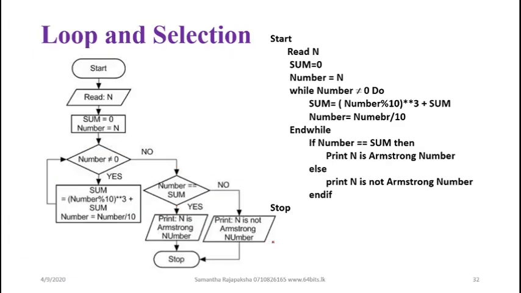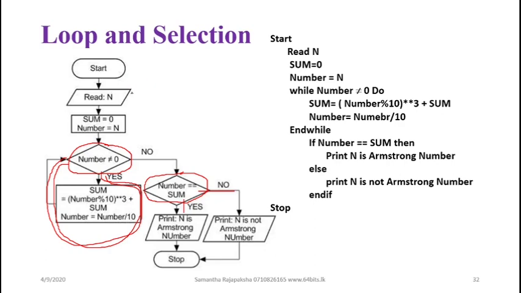And this is another one, loop and selection. So here there is a loop and again a selection. Now again you can see there's a diamond shape and there's a diamond shape. Now you need to identify which one is a loop and which one is a selection. You can see this one goes back and comes here. That's a loop. But this one, if it is just yes or no, that's a selection.